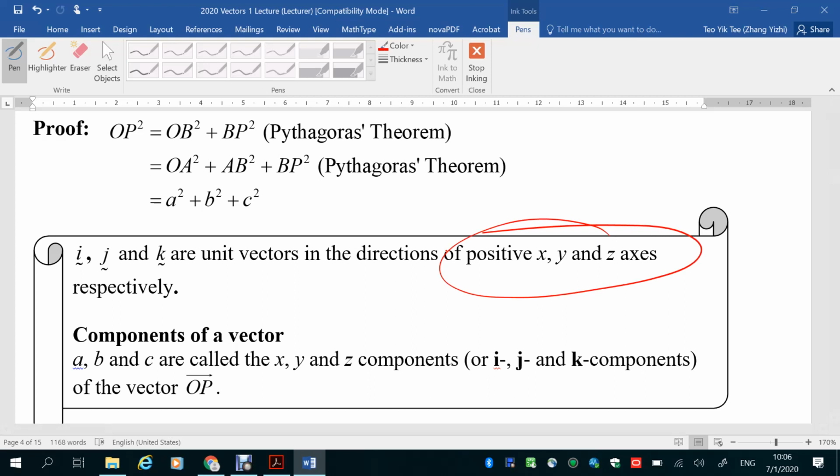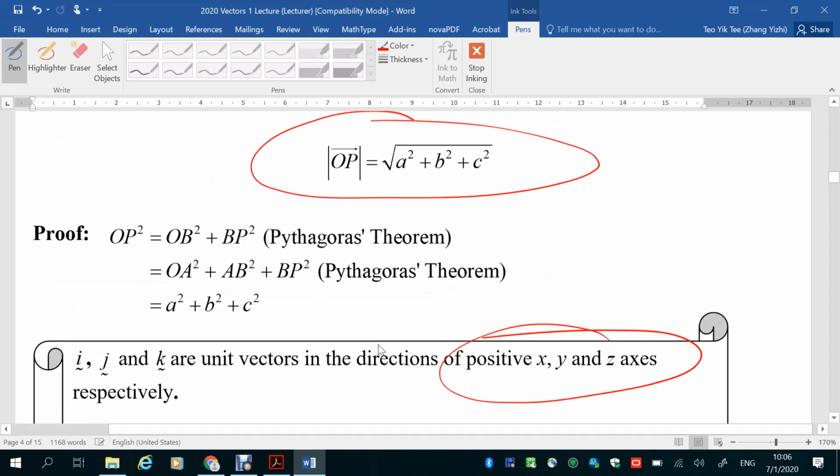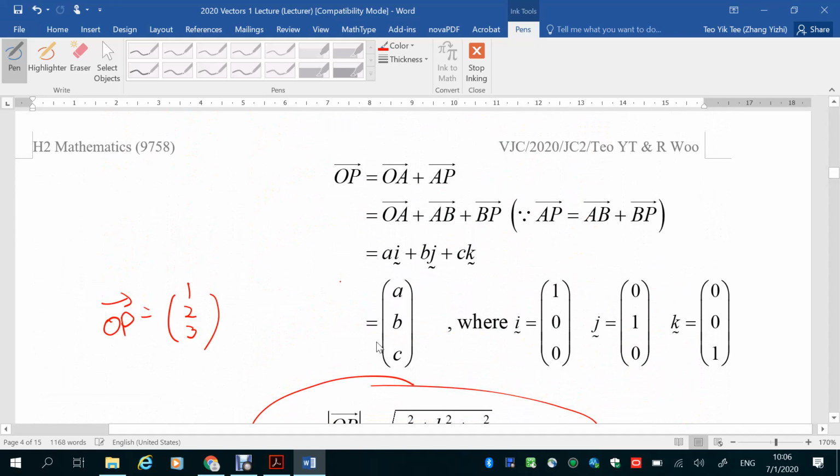So x is your so-called i direction, your j is your y direction, your k is your z direction. Okay, so sometimes, 1, 2, 3. How can I represent 1, 2, 3? This is column vector form.